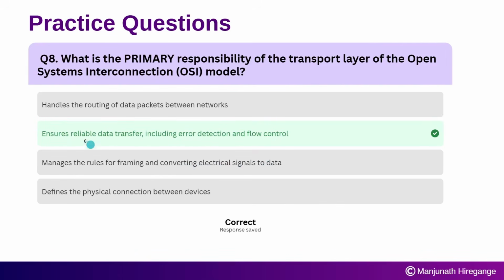The other options: the one that handles routing is the network layer, the one that manages framing and converting electrical signals is the data link layer, and finally the physical connection is obviously layer 1. So hence the layer 4 transport layer's primary responsibility is reliable data transfer.